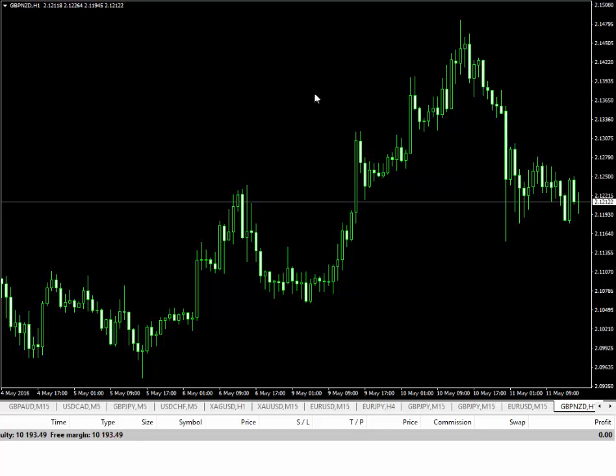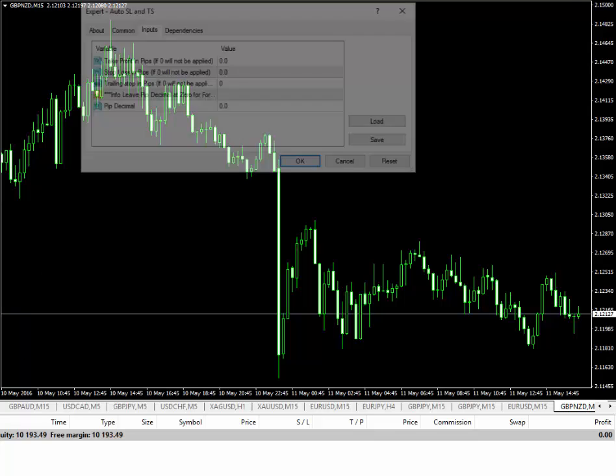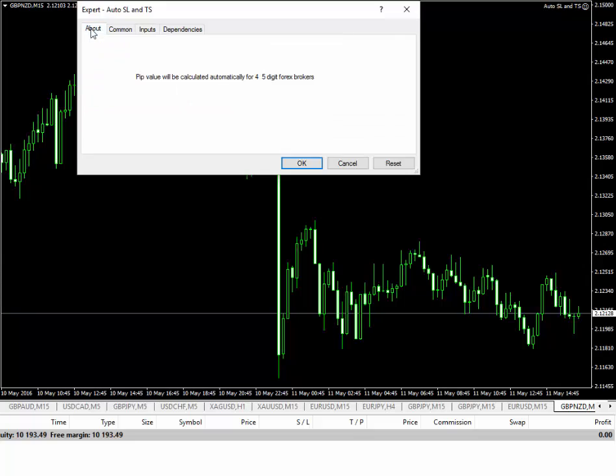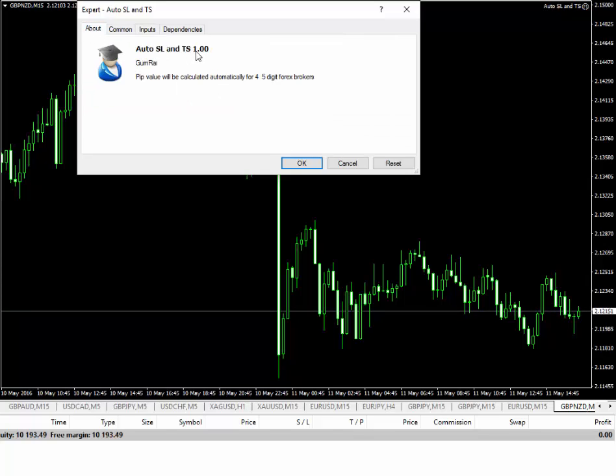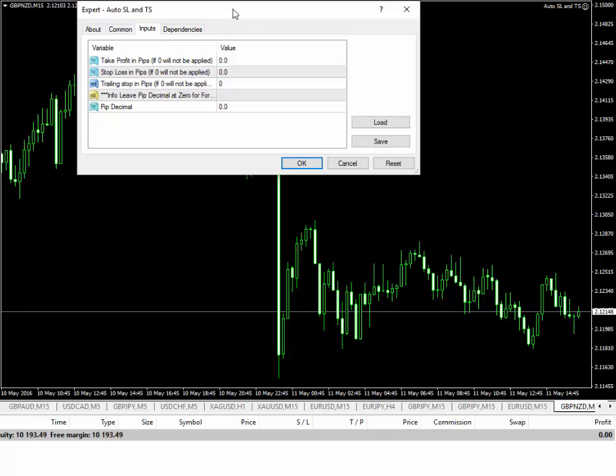Because Solomon is trading on the 15 minutes, we will turn it to the 15 minute chart, and here is the EA. This is called Auto Stop Loss and Trailing Stop EA version 1.0. To set it, you go to common, click on allow DLL, and then click on inputs.